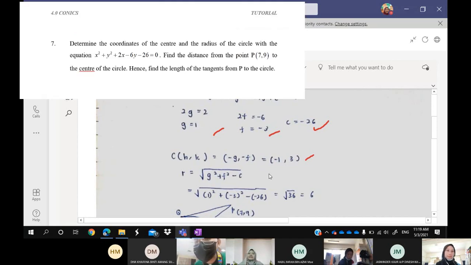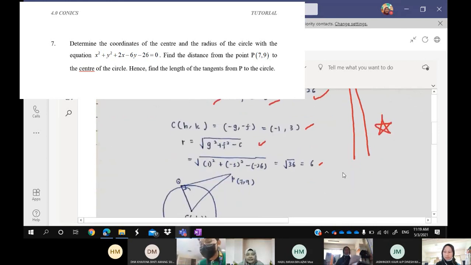Then substitute into the equation for r. We get r equal to 6. Okay, this is a good solution, it shows everything, shows c before substitution. Very good step.